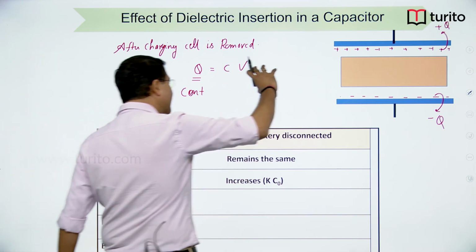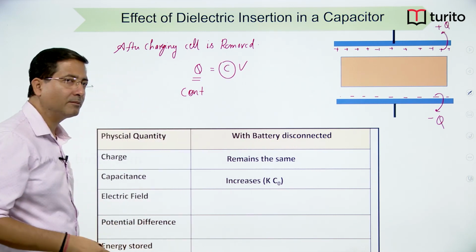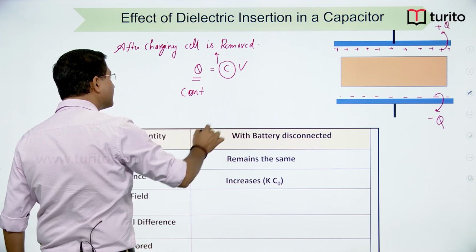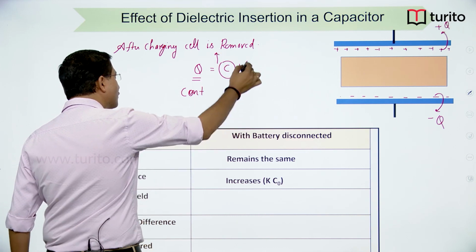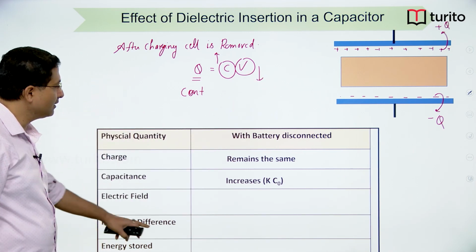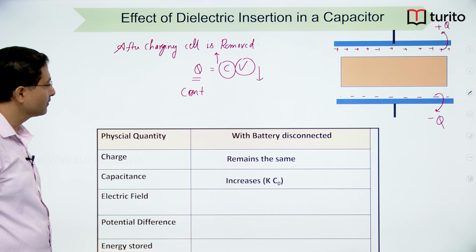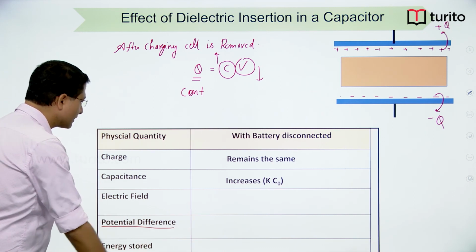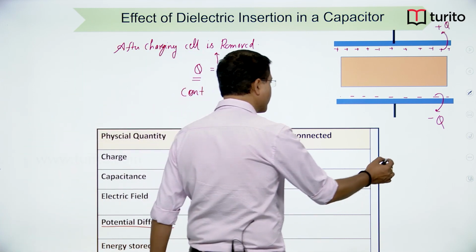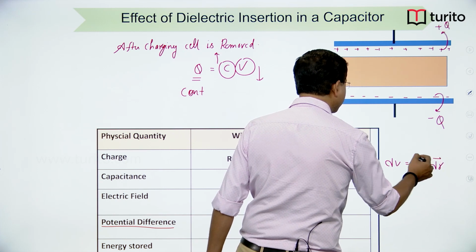When you inserted the dielectric, the capacitance increased, it now becomes K times. So the capacitance is getting increased, the product has to be constant. So for that, the potential must get decreased. So this potential difference must get decreased, and dV is equal to E dot dr, right.